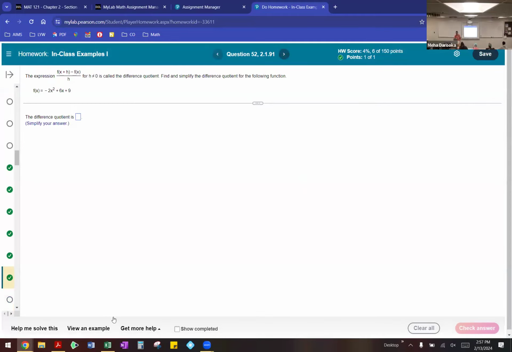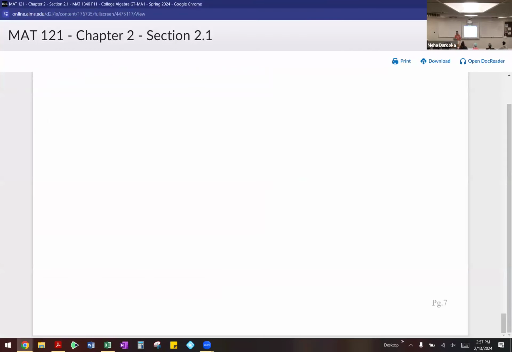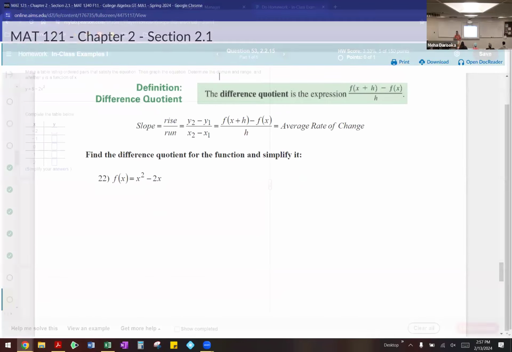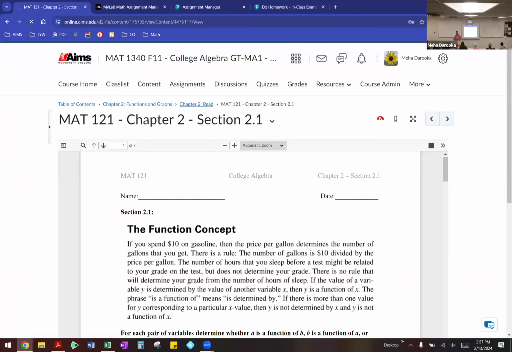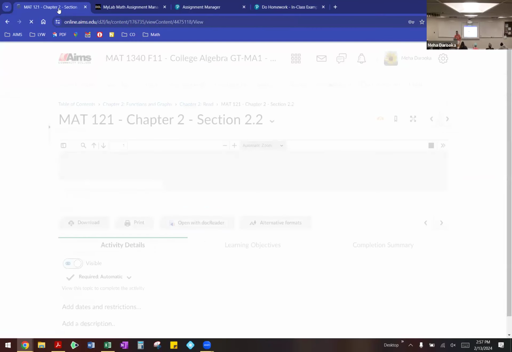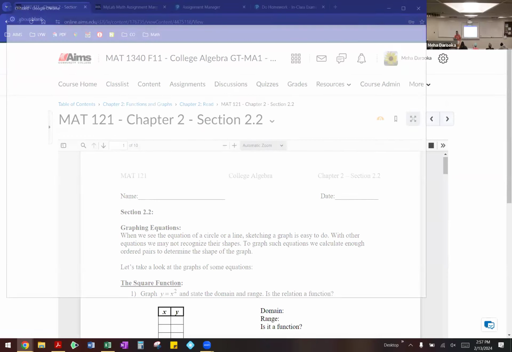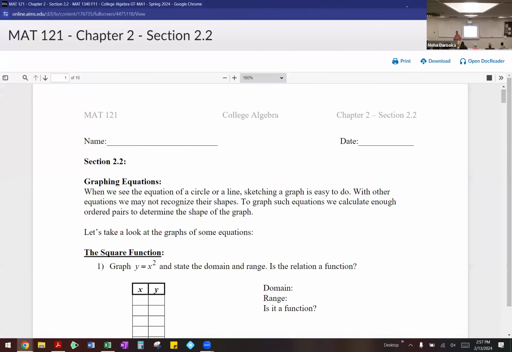But that was the last thing we did in 2.1, so let's move on to 2.2. We're going into the graphs for 2.2.